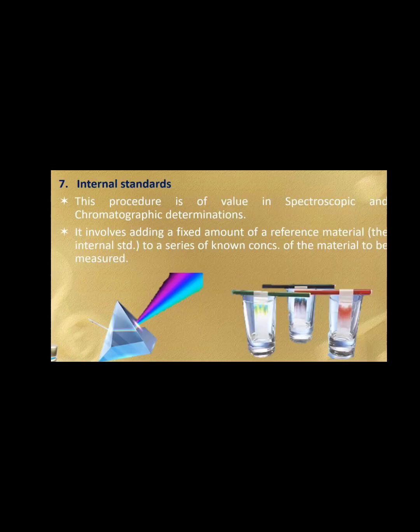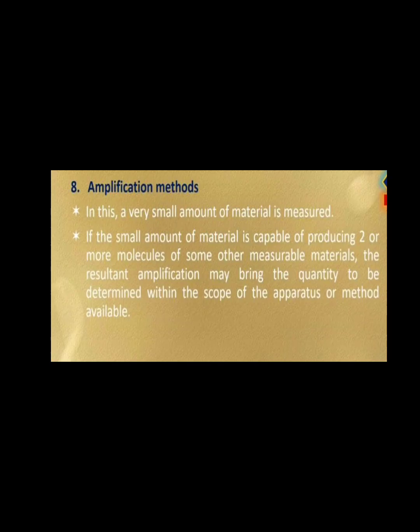And then seventh one, internal standard. This procedure is of value in spectroscopic and chromatographic determination. It involves adding a fixed amount of a reference material, the internal standard, to a series of known concentrations of the material to be measured. Then eighth one, amplification method.